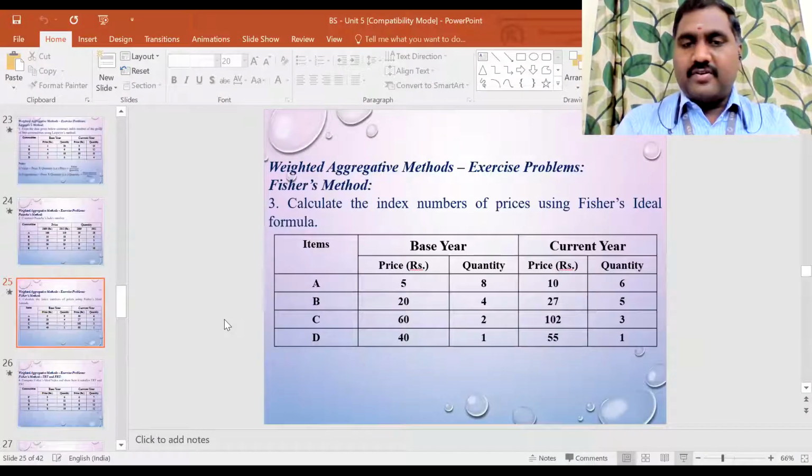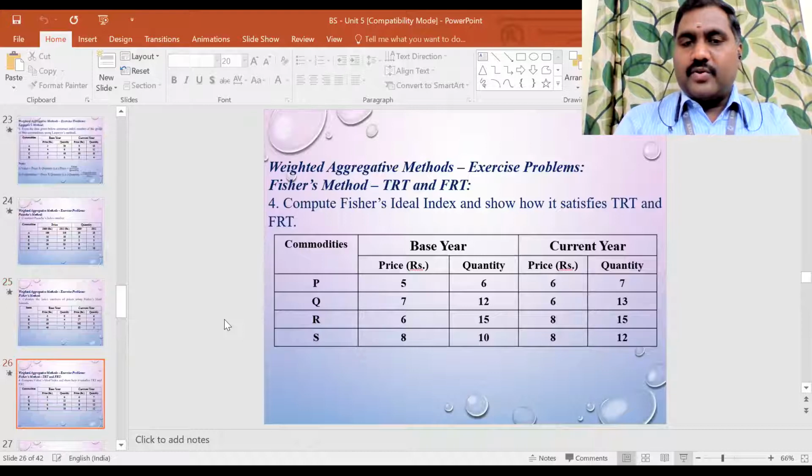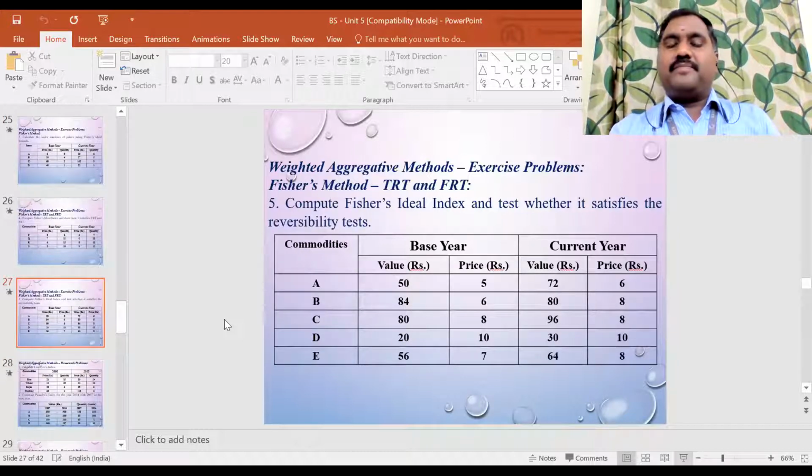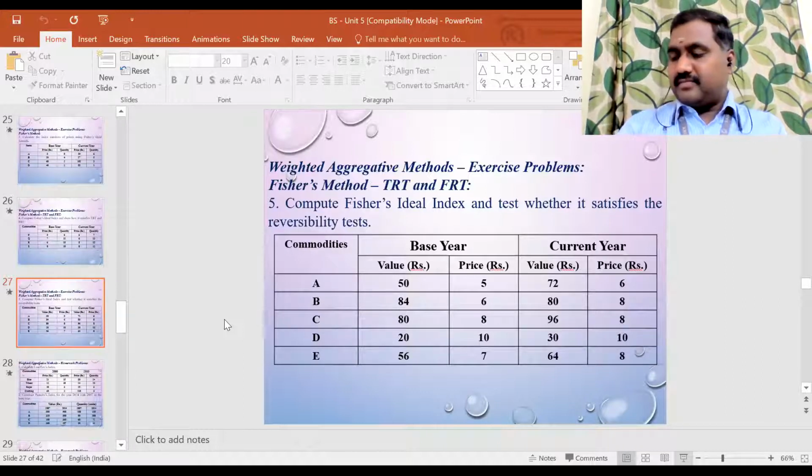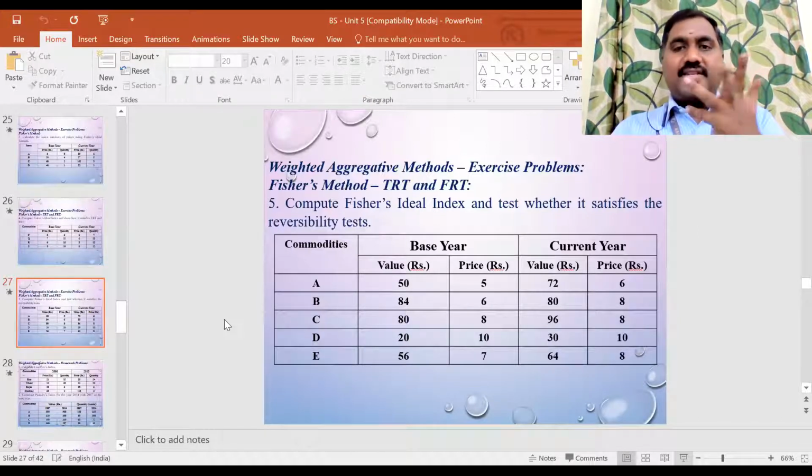This is a problem we worked out under FRT and TRT, right? Okay. So one more problem, you note down this problem and you can try. See, price is given, but quantity is not given. Instead of that, value is given.